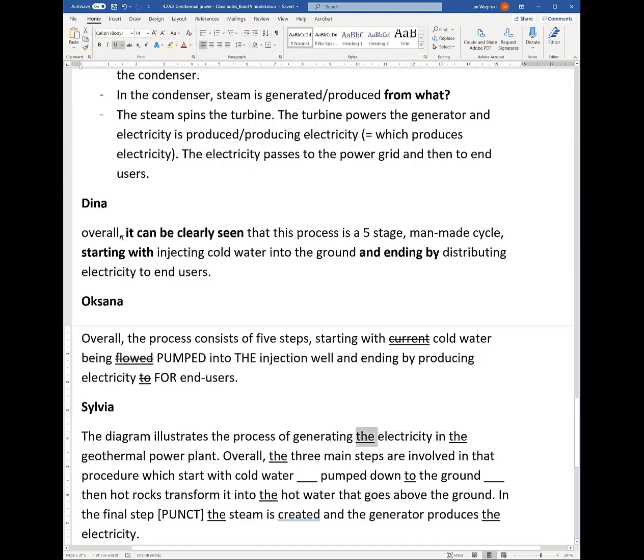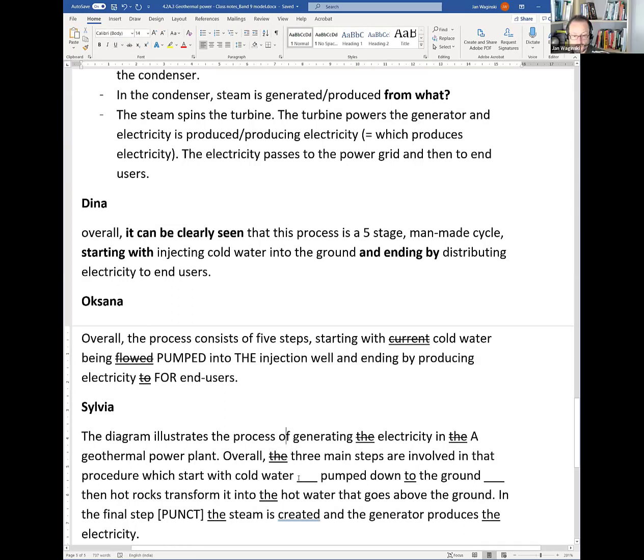Just nothing. In a geothermal power plant. Good. Geothermal is not specific. It's just one example of a geothermal power plant overall. Nothing. Good.